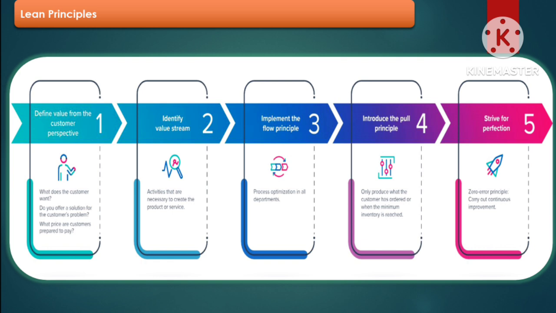The fifth principle is perfection. So strive for perfection. It means that lean focuses on continuous improvement. You can achieve 5% improvement in the process, and later on there is another possibility of improvement, and another. So it emphasizes continuous improvement.